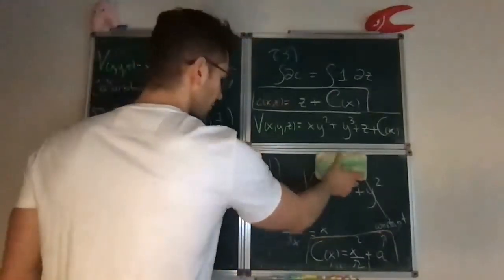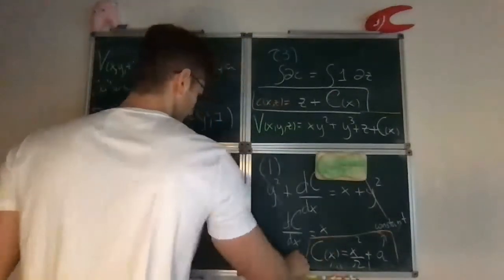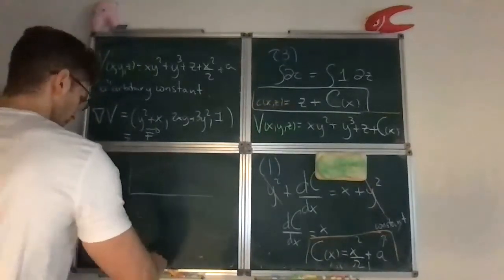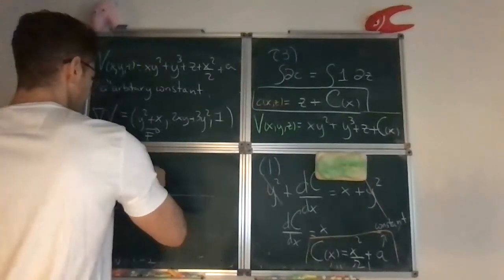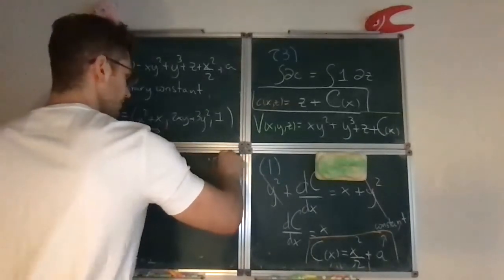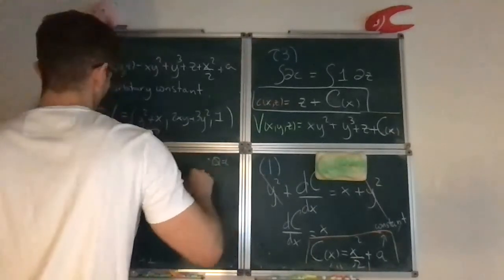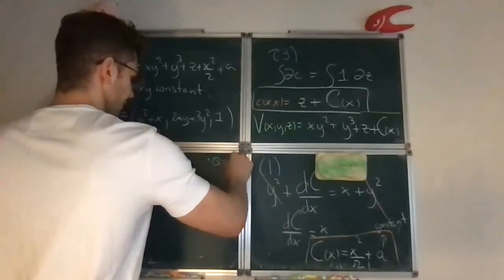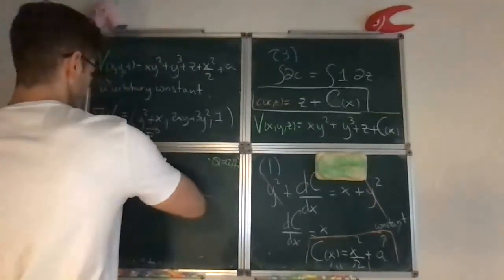And so now regarding the last question in this example, we're taking the particle from point P, which is 1, 1, 1, to point Q, which is 2, 2, 2. I don't remember if I had written 2, 2, 2 or 3, 3, 3, but it doesn't matter too much.